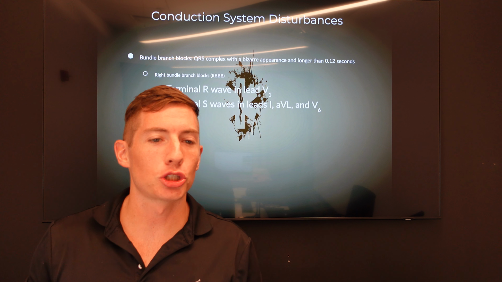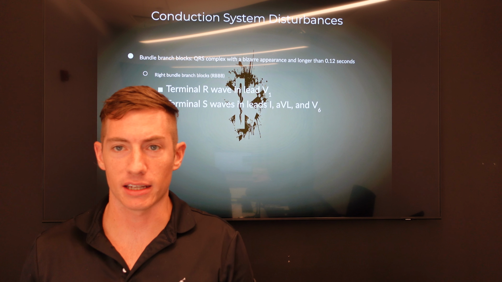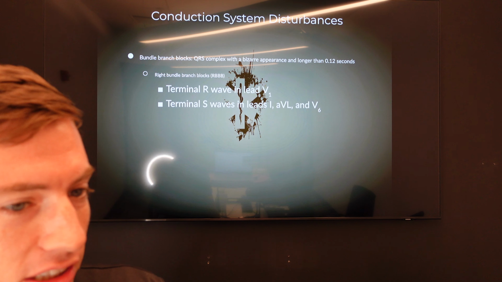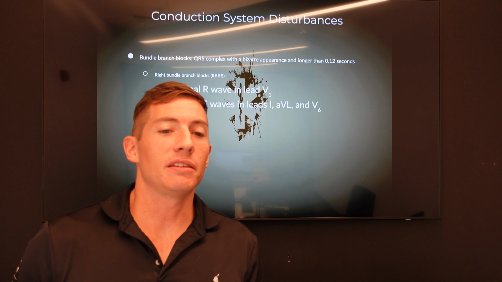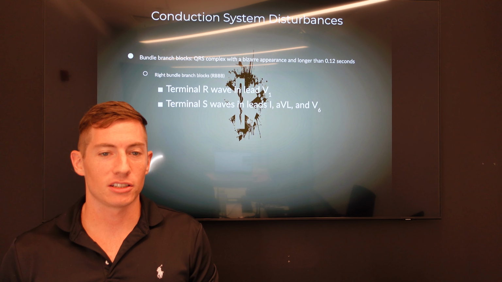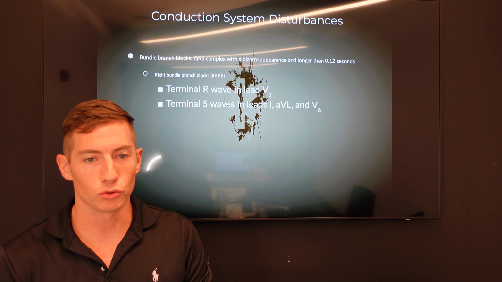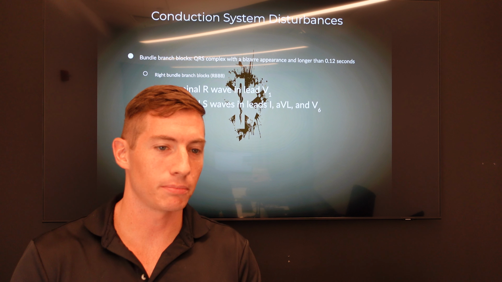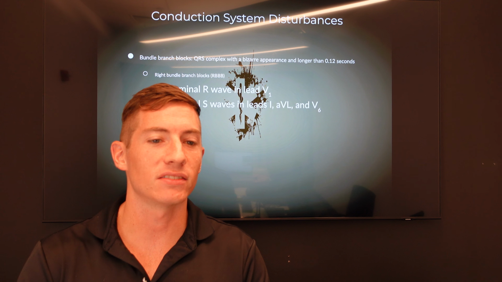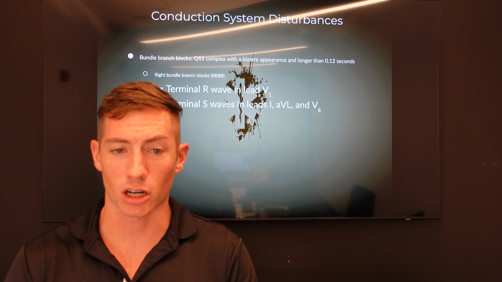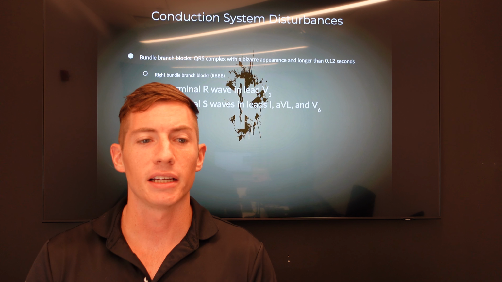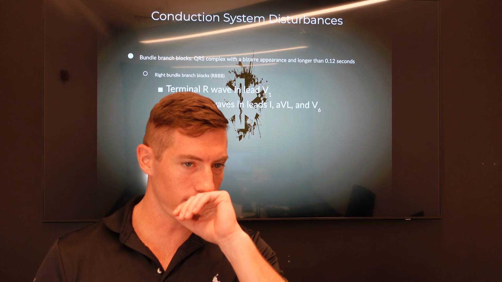A type of intraventricular, intra meaning in the ventricles, intraventricular conduction defect involves impaired conduction from the bundle of His to one or more of the bundle branches. Right and left bundle branch blocks are the most common findings on the 12-lead EKGs.